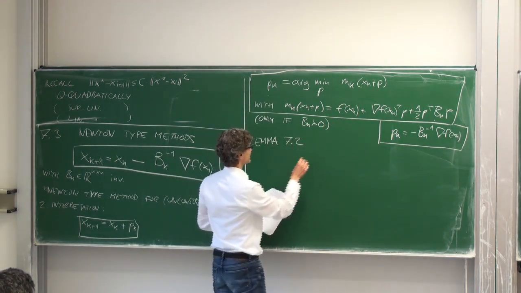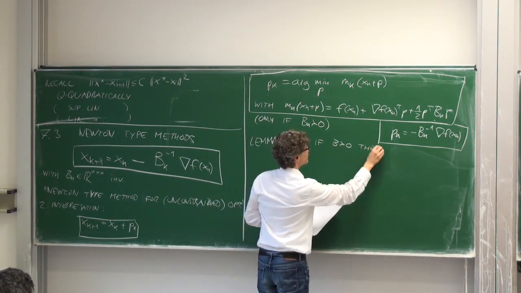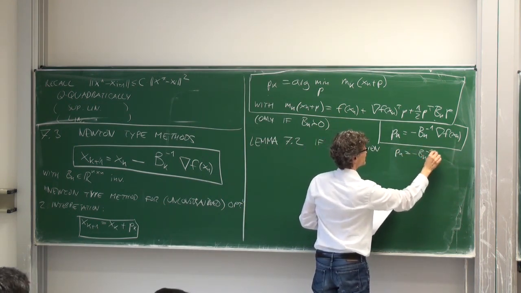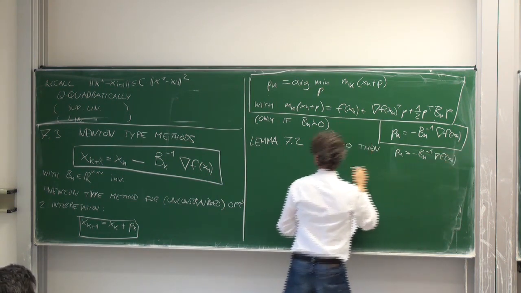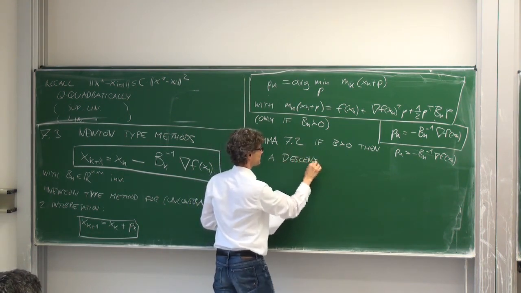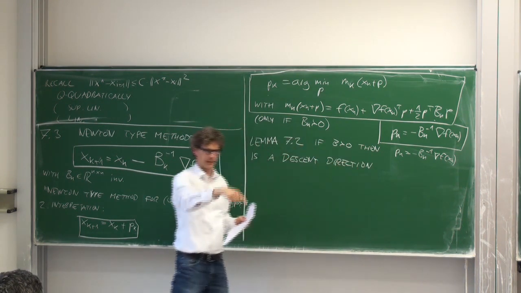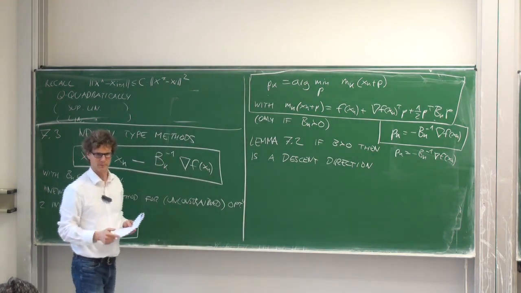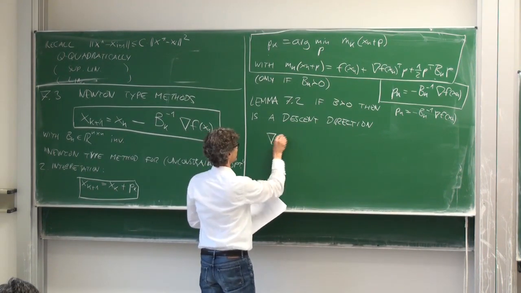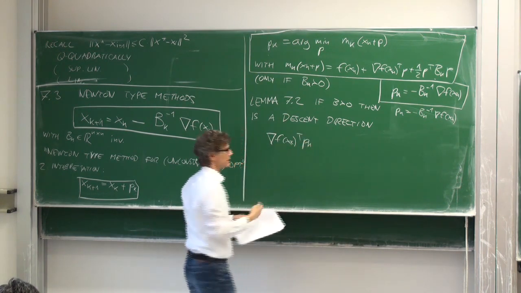Now this lemma says if the matrix B_k is positive definite, then p_k equals minus B_k to the minus 1 nabla f of x_k is a descent direction. You remember what a descent direction is? It is a direction in which your derivative is pointing downwards, the first-order Taylor series. So descent direction means that nabla f of x_k transpose p should be a negative number.